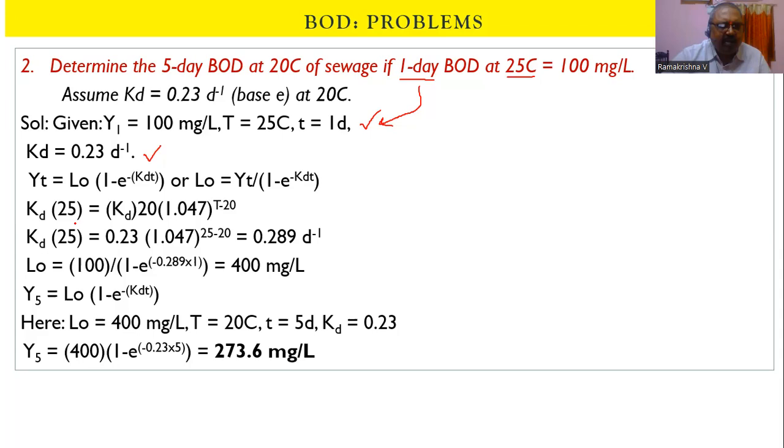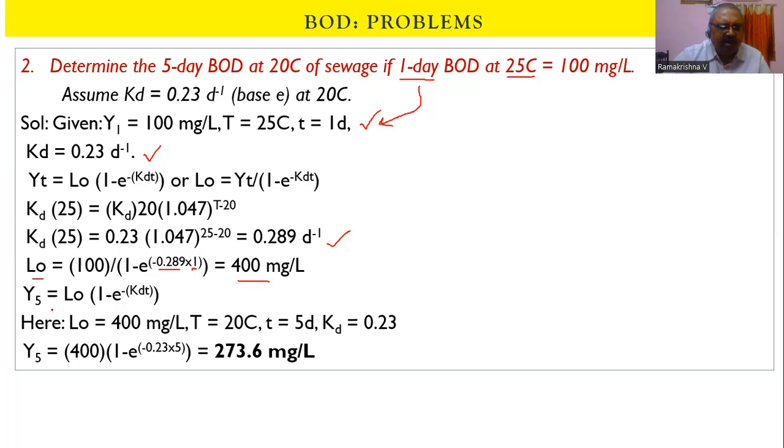KD at 25 is equal to KD at 20 into 1.047 to the power of T minus 20. So KD at 25 is equal to 0.23 into 1.047 to the power of 25 minus 20, which is 0.289. Therefore L naught is calculated with this rate constant, which is different at 25 centigrade, and the incubation period of only 1 day. With 0.289 and T equal to 1, we get 400 milligram per liter.